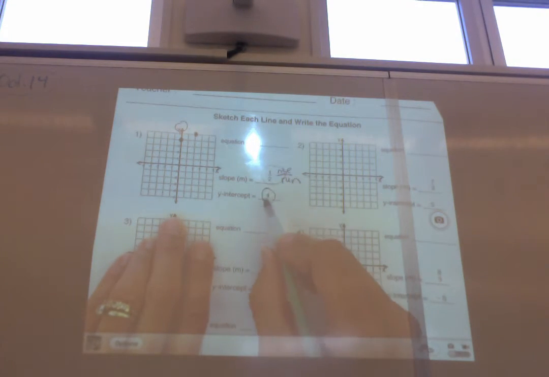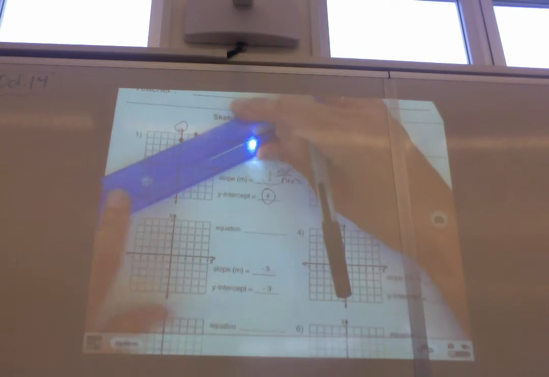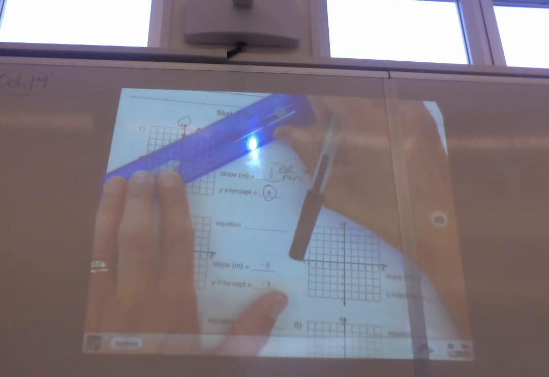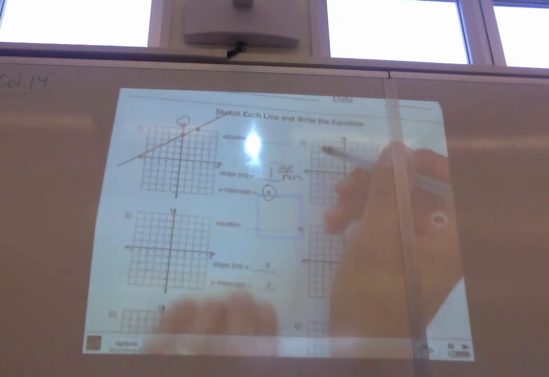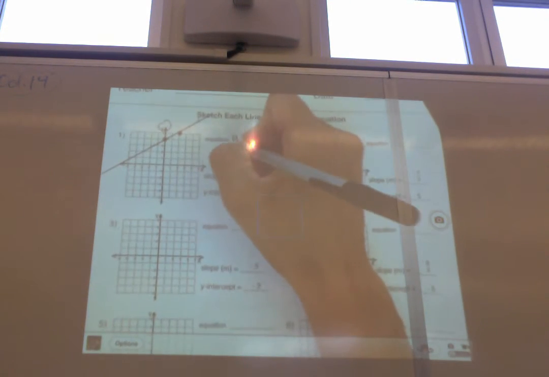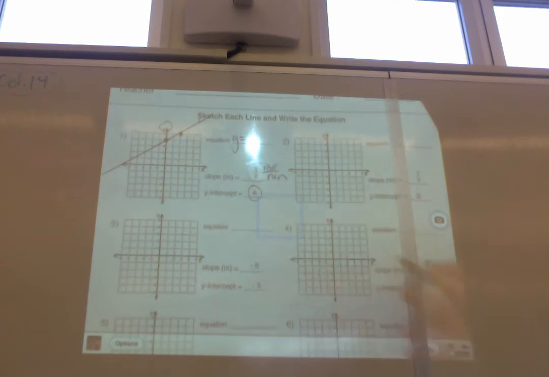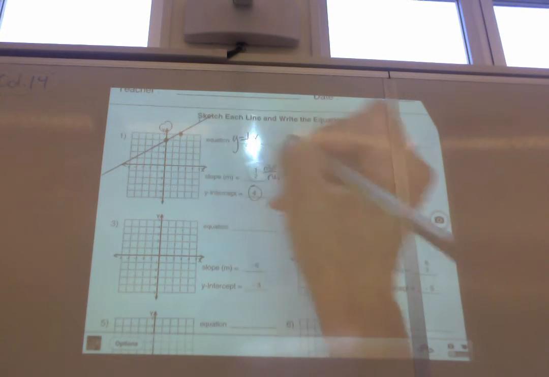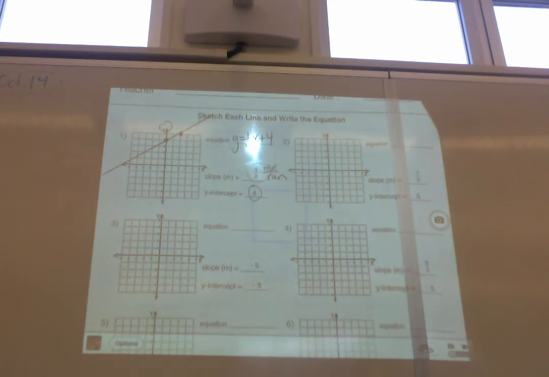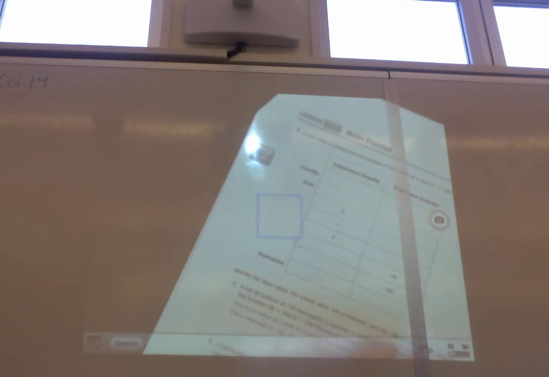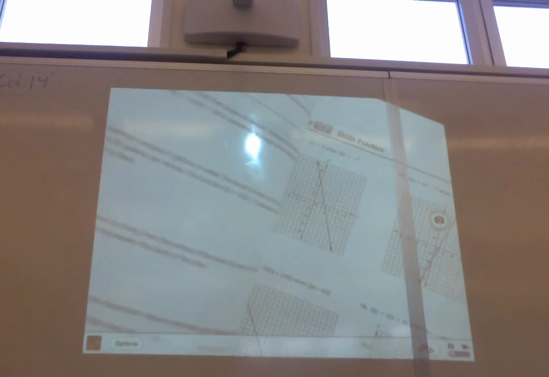So from these two things, the slope and y-intercept, I can get the line. And in the equation, I go y equals 1/2 x. The slope goes in front of the x. Plus 4. The y-intercept gets added after. Okay? Yep. Okay, that's good.